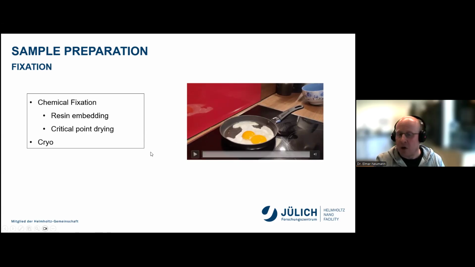But there are, of course, protocols available where you can also work with heat and temperature in order to fixate cells and things like this. What we are talking about here is chemical fixation for resin embedding and for critical point drying, and without chemicals, we can work under cryogenic conditions.